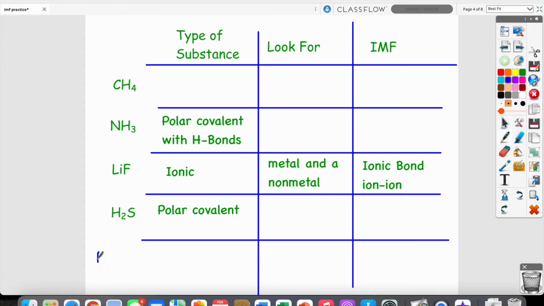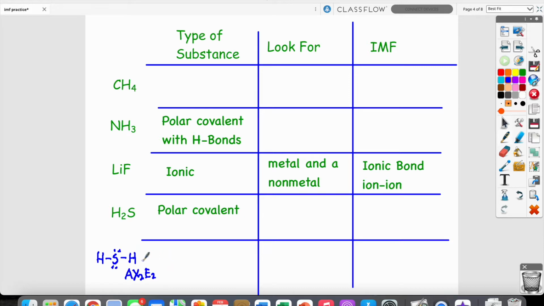We can draw an H, and bond it to an S, and another H, and draw some dots. And we can decide that this thing is AX2E2. And if it's AX2E2, we know that it is bent.